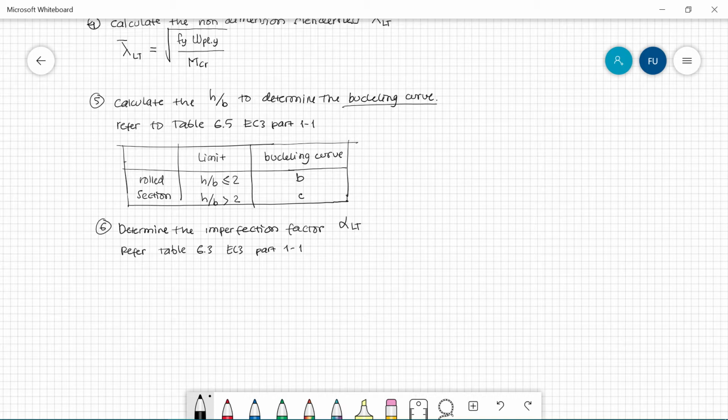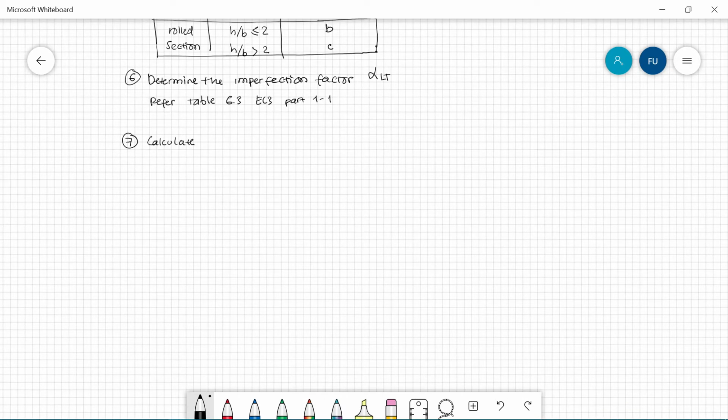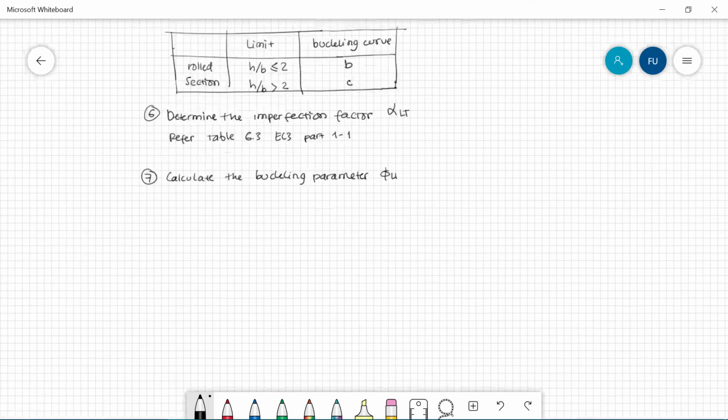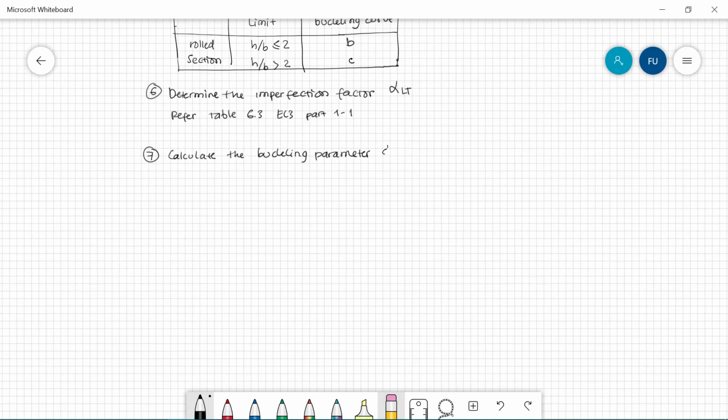Then step number 7, calculate the buckling parameter, phi LT.